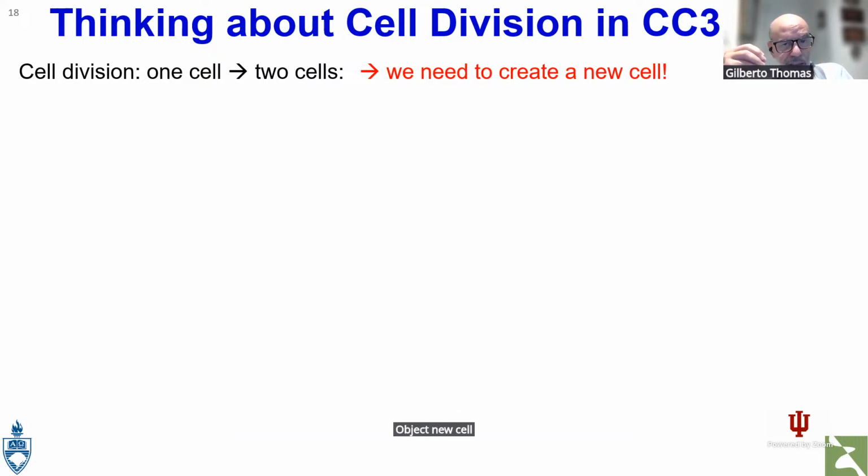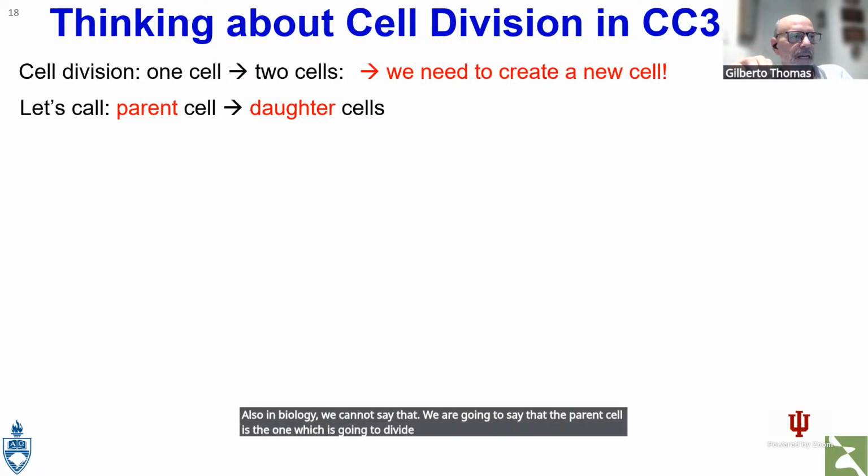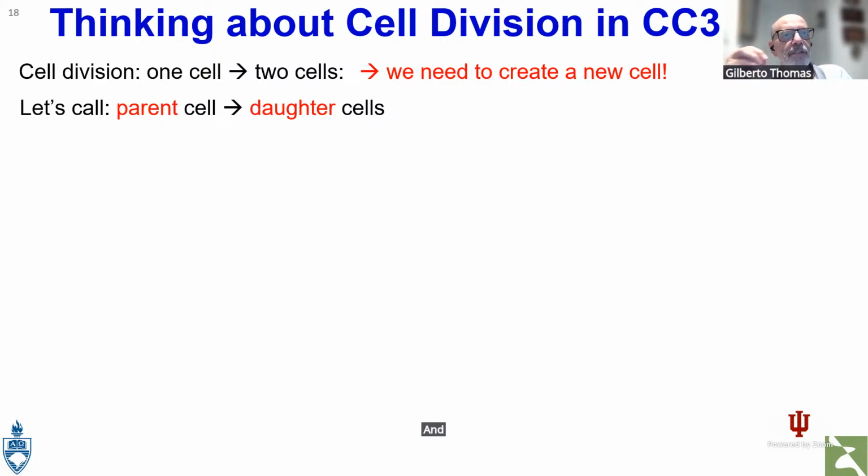You have to create it, with some properties and some attributes. Okay? For simplicity, to identify who is who in the simulation, although in biology we cannot say that, we are going to say that the parent cell is the one which is going to divide, and the daughter cells are the product of this division. Okay?